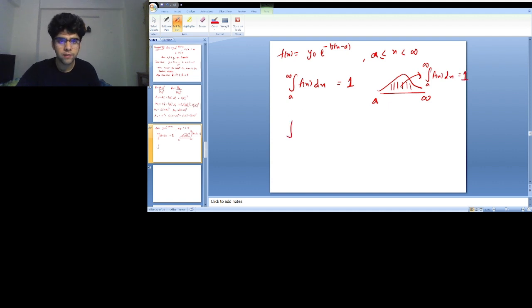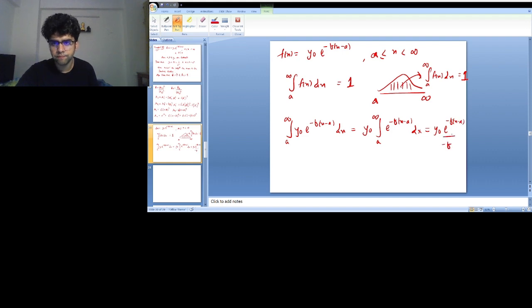So now just applying this formula, the integral from a to infinity of y0 e to the power minus b(x minus a) dx, just taking out y0 because it's a constant term. This gives me y0 times the integral from a to infinity of e to the power minus b(x minus a) dx.